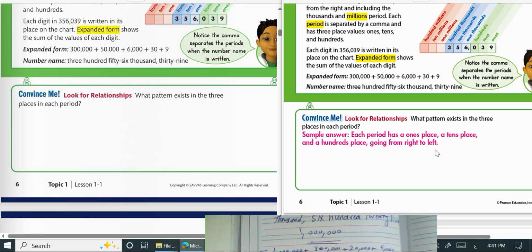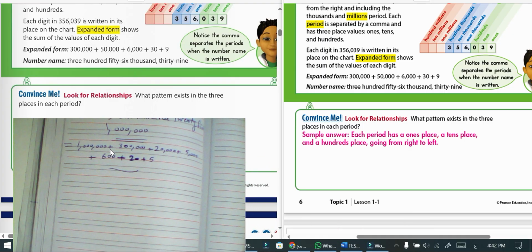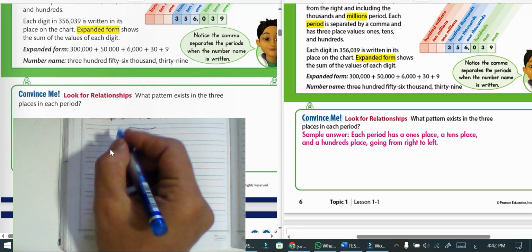Okay. Again, he asked to look for relations. What pattern exists in 3 places in each period? We can write: each period has ones place, tens place, and hundreds place going from right to left. Do you know this? Like what? Like this number?